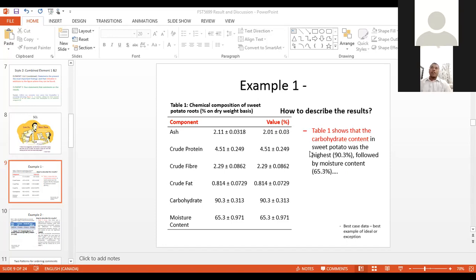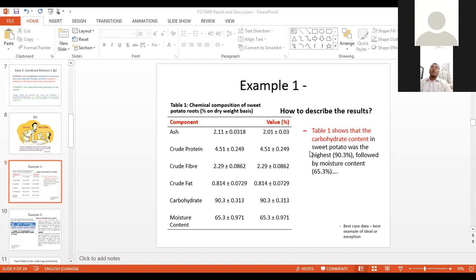The second element, the unit. Either you put it in percentage, or the value unit in milligram per kilogram of sample, and so on. So the unit must be clear. The third element, it must have the statistical analysis. Either you do a t-test or you do ANOVA, okay?